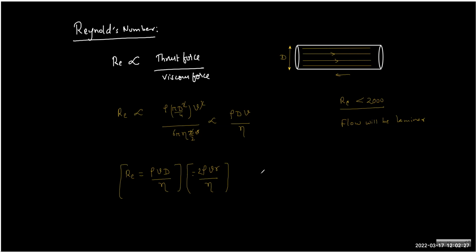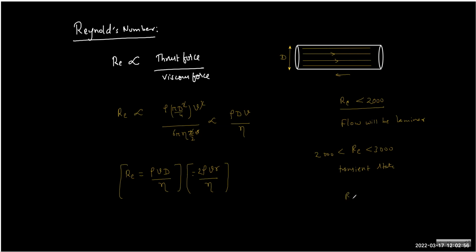this is the formula you are supposed to remember, and there are a few questions based on it given in the module to solve. If the Reynolds number is between 2000 and 3000, we call it the transient state. We are not sure what is going to happen. It could be laminar, it could be turbulent, but we cannot say anything.